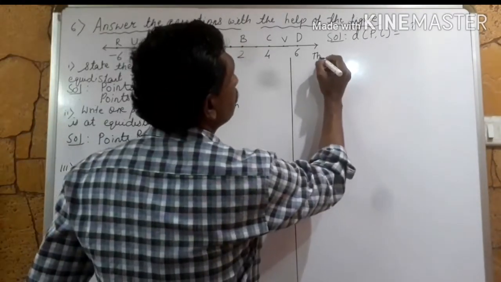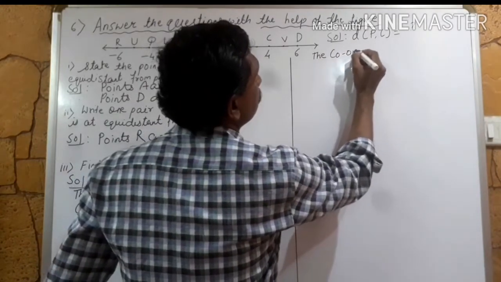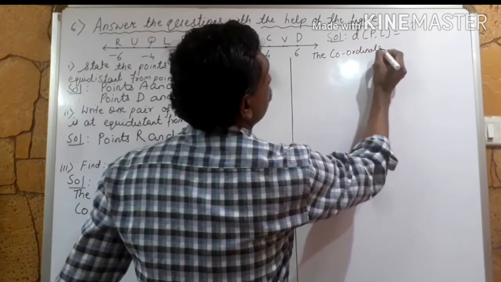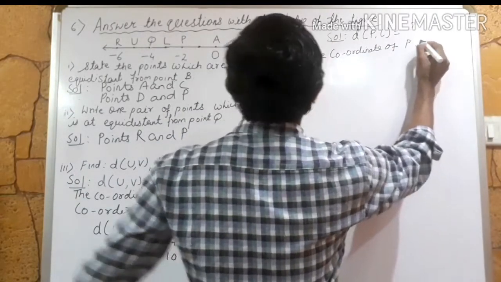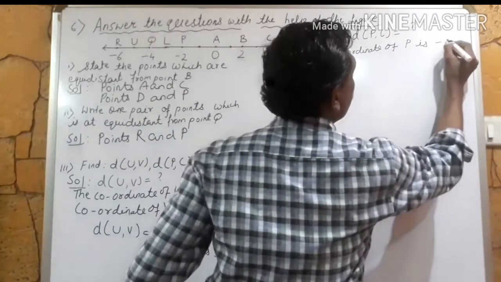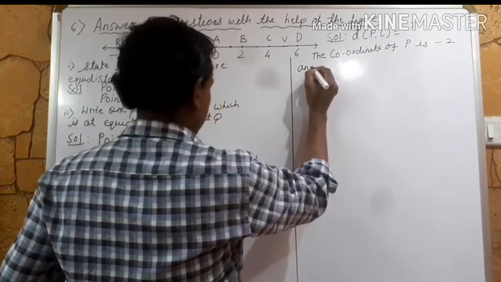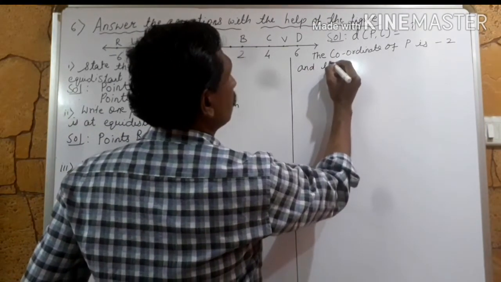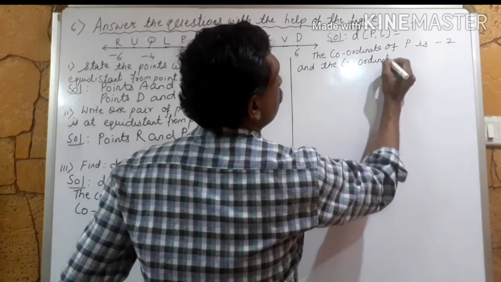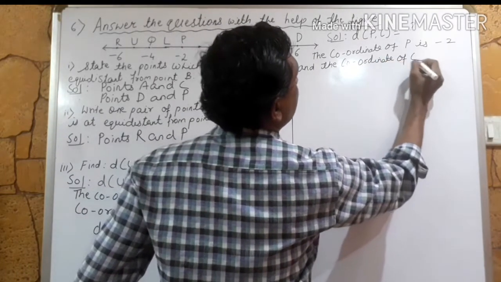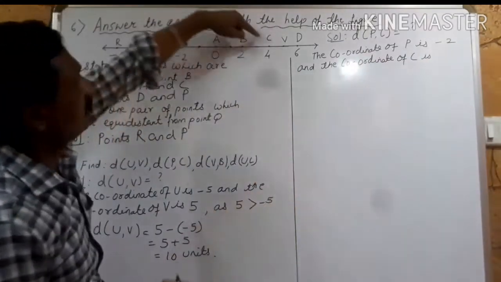The coordinate of P is -2 and the coordinate of C is 4.